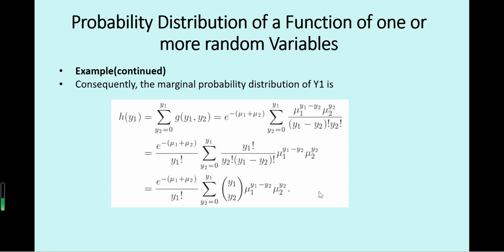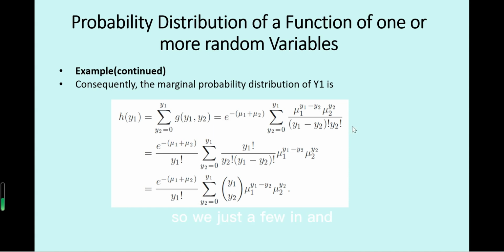So we can get the marginal distribution of y1. h(y1) is just filling in all the values of y2 from 0 to y1, because we have shown y2's maximum value is y1, right? So we just take the summation of the joint probability distribution for y1 and y2 we have calculated on the previous page, summing with the y2 value from 0 to y1.